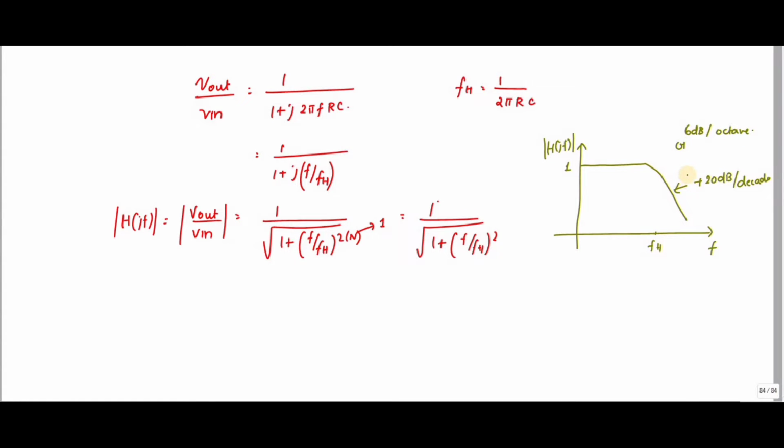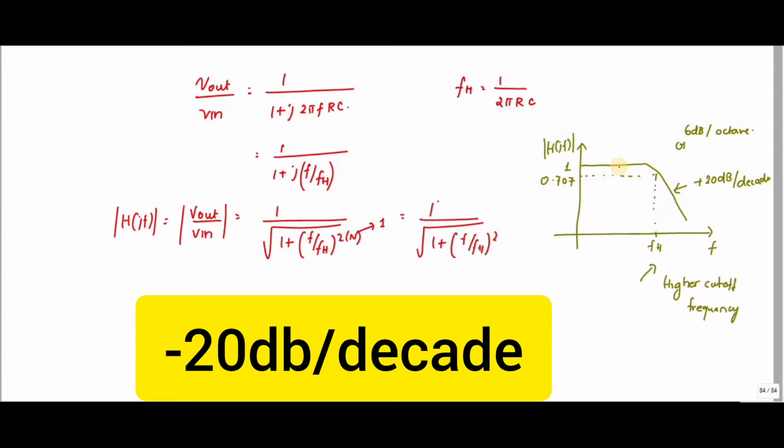Both are the same. Okay, it is not falling as steep as a second order filter. Okay, so this is nothing but your higher cutoff frequency. So at this point, it is nothing but 0.707. This value is 0.707.